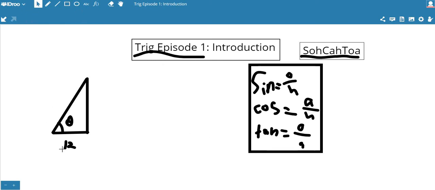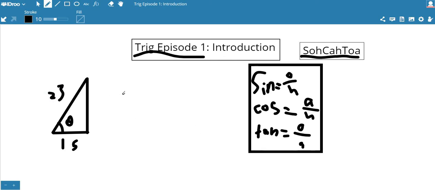Okay. So we covered tangent so far, or inverse tangent. Let's do inverse cosine, or arccosine. So let's do 15 and 23.